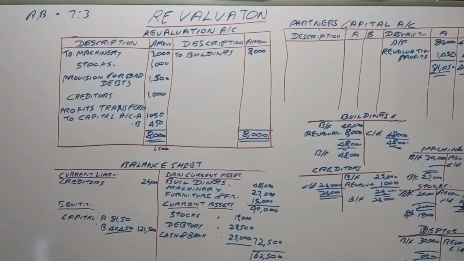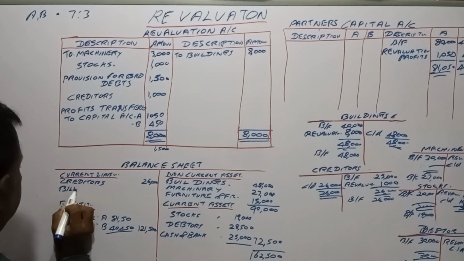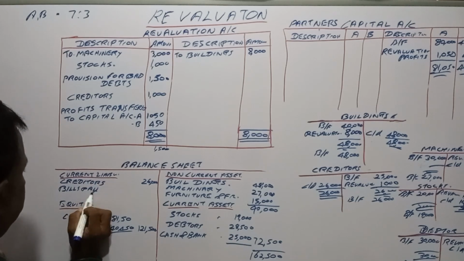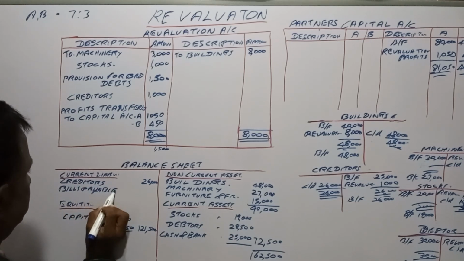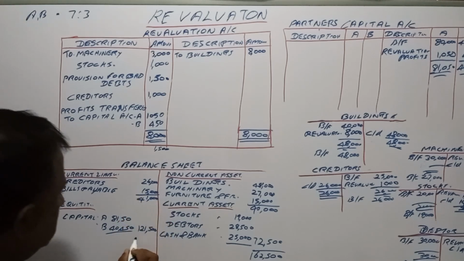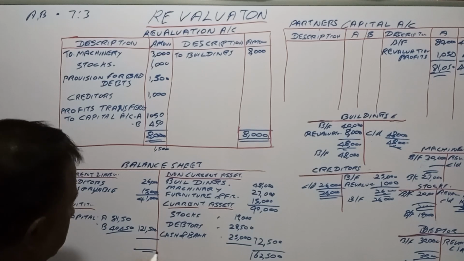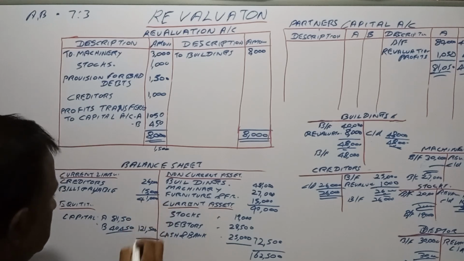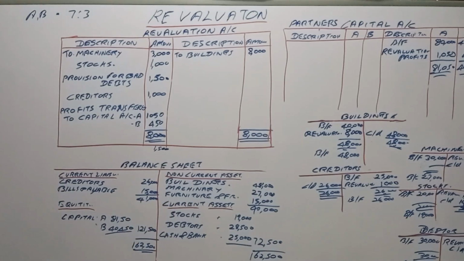The creditors, we'll say creditors and bills payable 15,000. Bills payable 15,000. Then 1,000, 41,000. 162,500. It is balancing. Balance sheet also balancing. Finished.